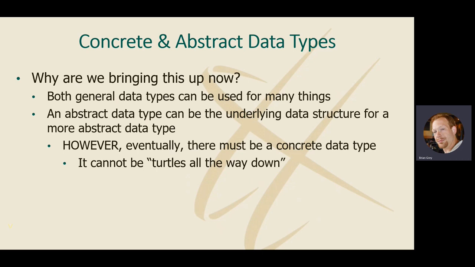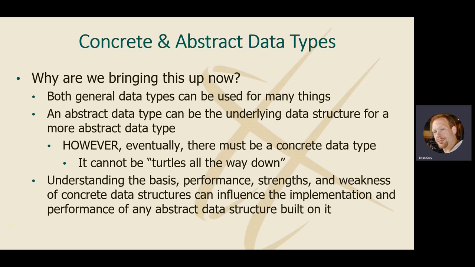It can't be infinite recursion. Understanding the performance of these base data structures, these base concrete data types, is super important so that when we start building abstract data structures on top of them, we can analyze what we're trying to do and what we need to do in a way that will facilitate the design and implementation of our abstract data structures.